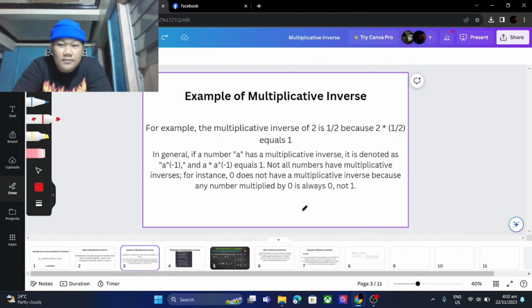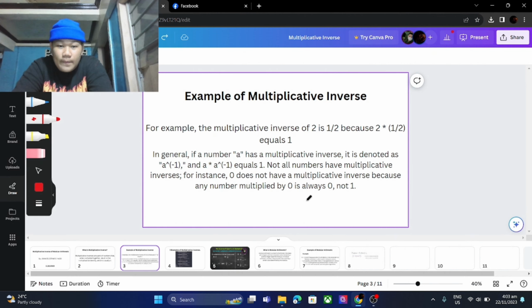Example of multiplicative inverse. For example, the multiplicative inverse of 2 is 1 half, because 2 times 1 half equals 1.